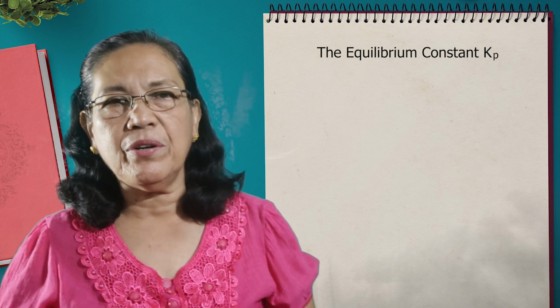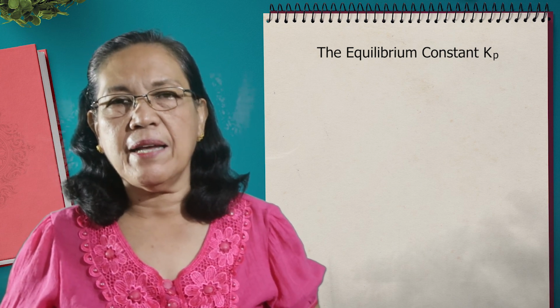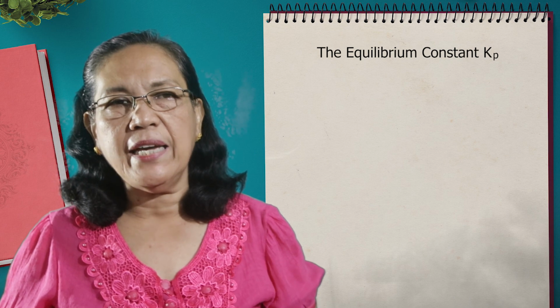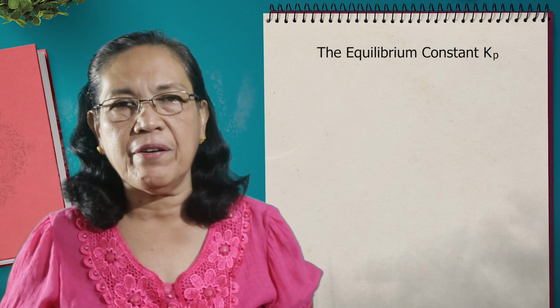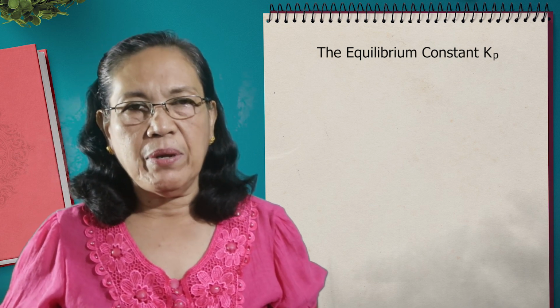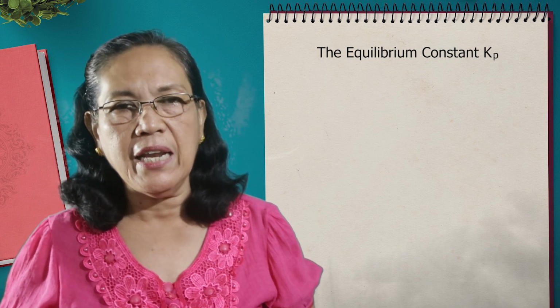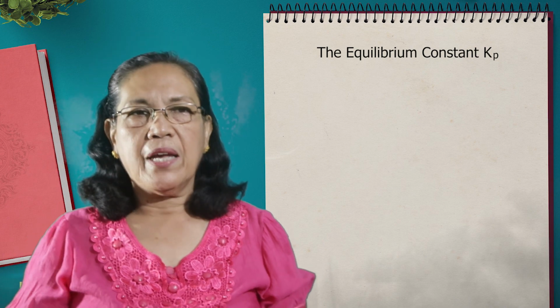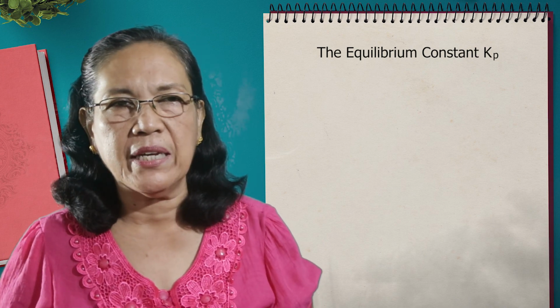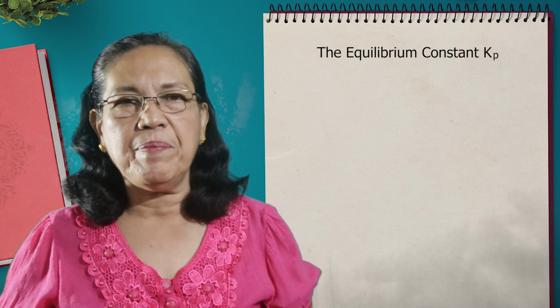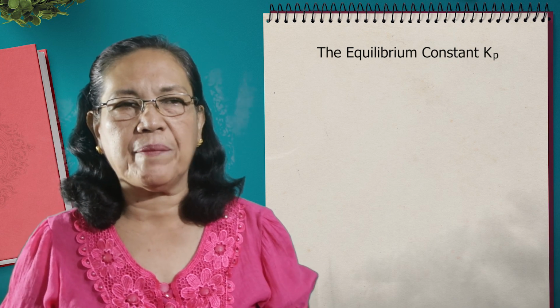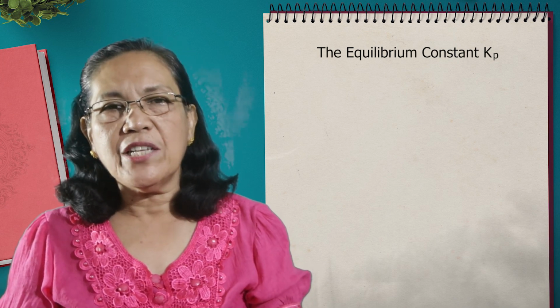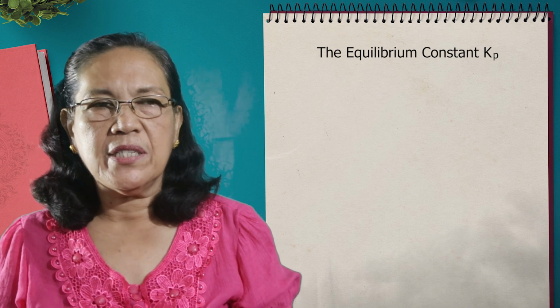So what will happen to your formula? Kp equals Kc times RT raised to the exponent 0. But we know in algebra that any term raised to the exponent 0 has a value of 1. So Kp is equal to Kc. That's all about the equilibrium constant.